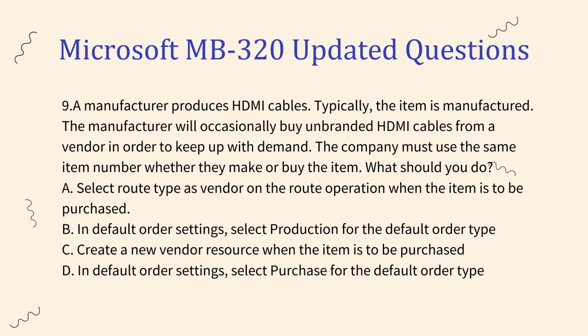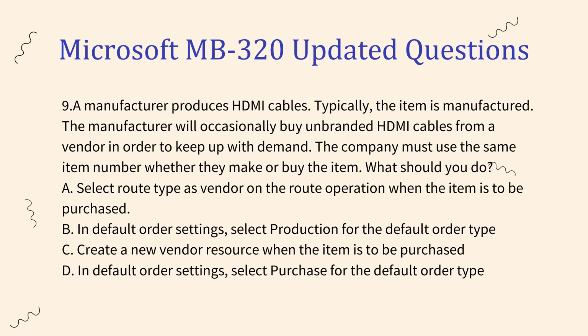9. A manufacturer produces HDMI cables. Typically, the item is manufactured. The manufacturer will occasionally buy unbranded HDMI cables from a vendor in order to keep up with demand. The company must use the same item number whether they make or buy the item. What should you do?